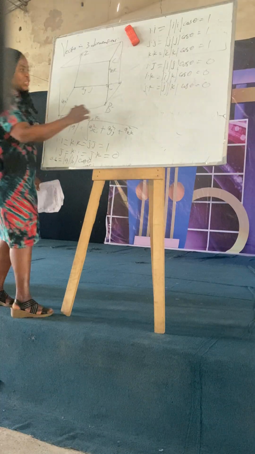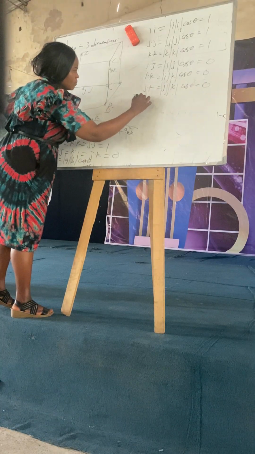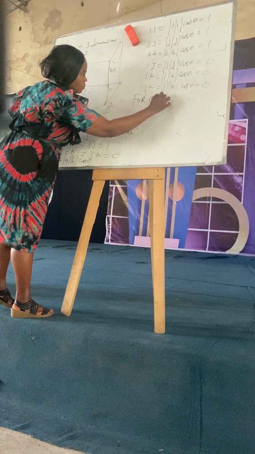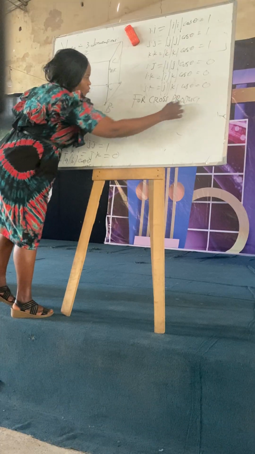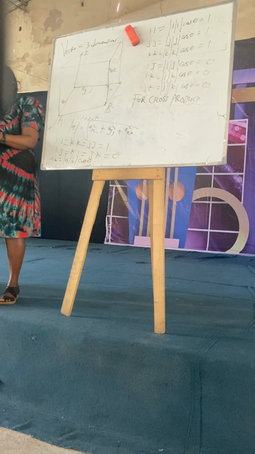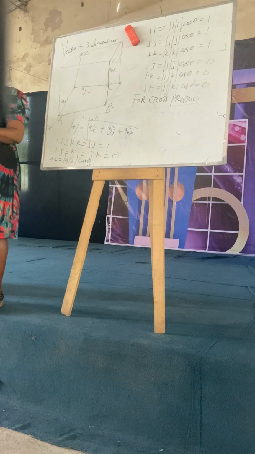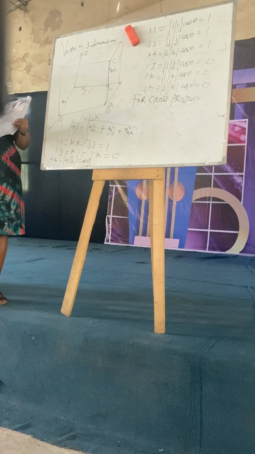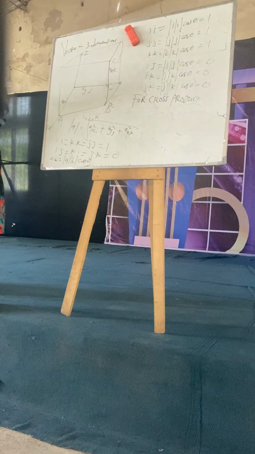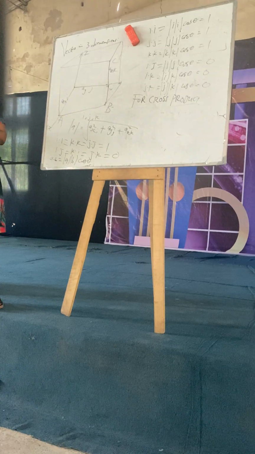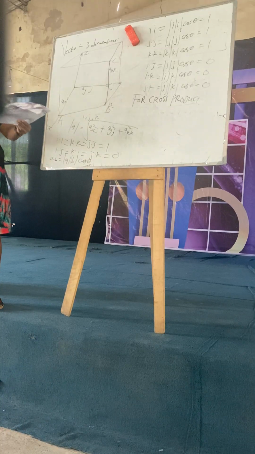Now we have cross products. What's another name for cross products? Vector product. Now recall from the formula that A cross B is equal to modulus of A, modulus of B, sine theta, which can also give us another vector C. If A cross B is equal to 0, that means they are parallel to each other.